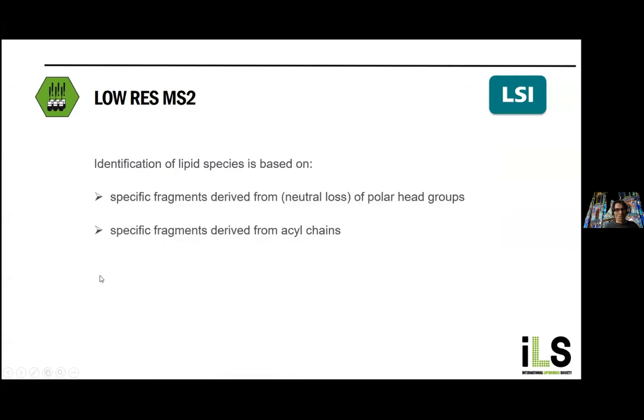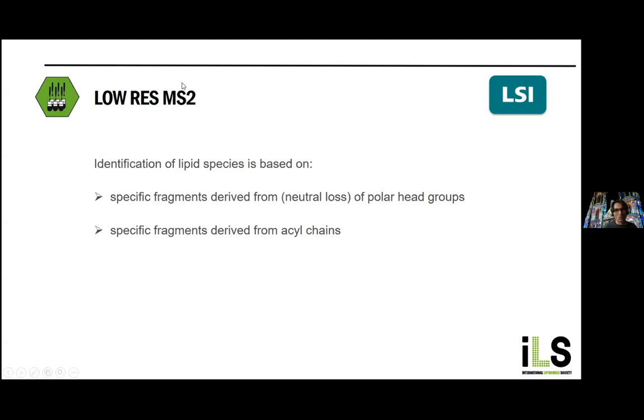So let me summarize the principles of low mass resolution tandem mass spectrometry. I have to say, with single mass spectrometry, you are not able to identify lipid species by flow injection or direct methods.